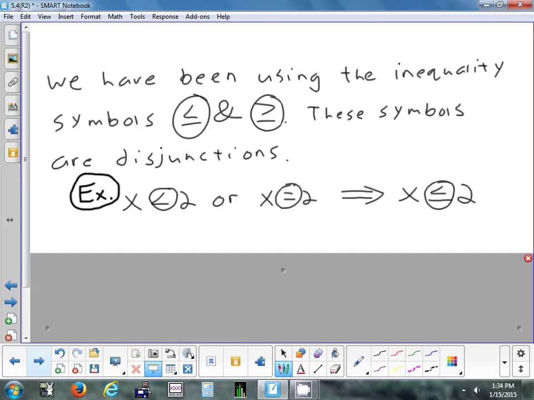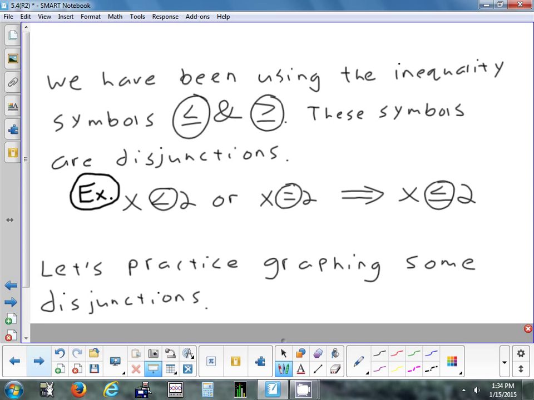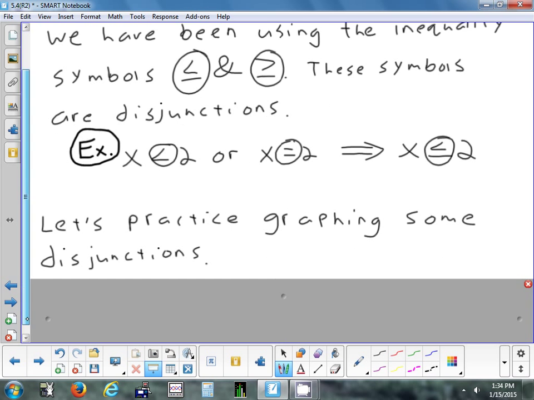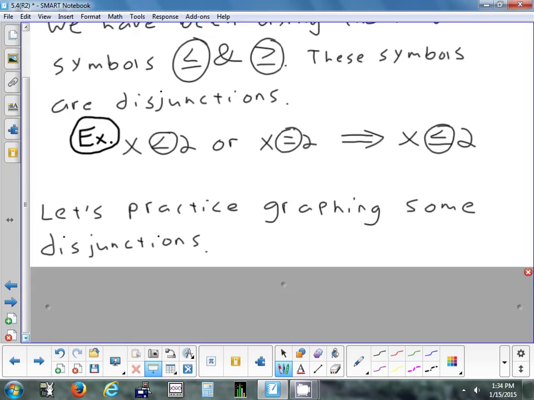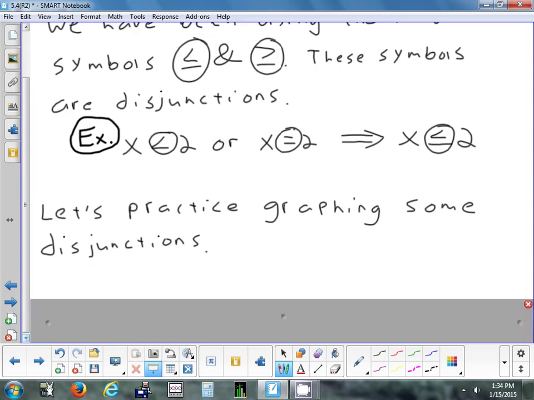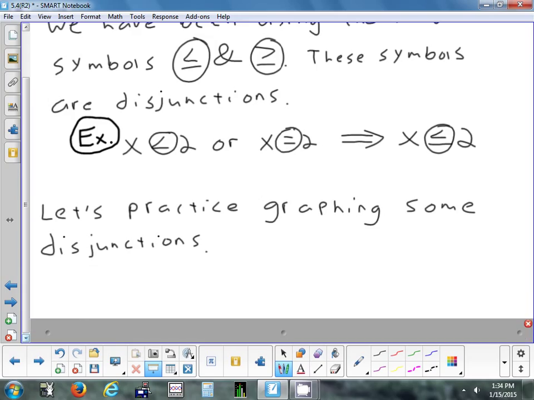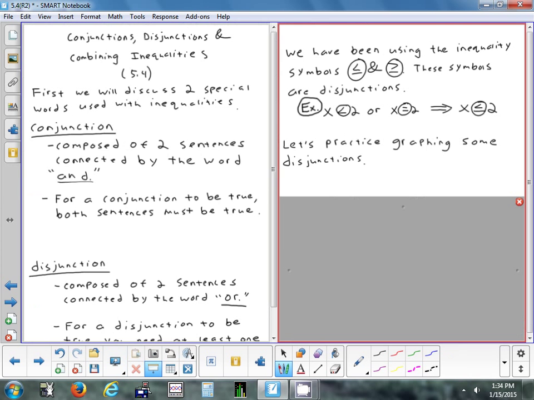That wouldn't make sense. It could either be greater than or equal to. So those symbols are disjunctions. Probably didn't even know it, but now we do. Where it says example on there, it's circled, that's what you want to write on your notes: x less than 2 or x is equal to 2.